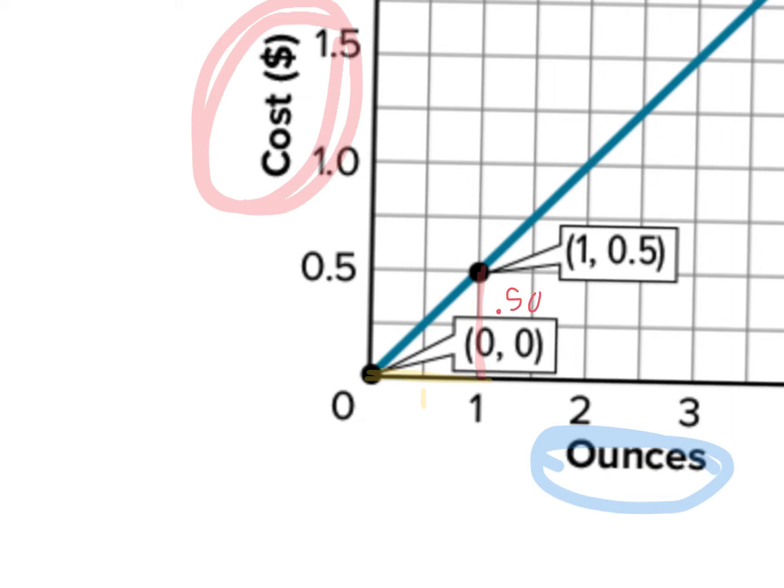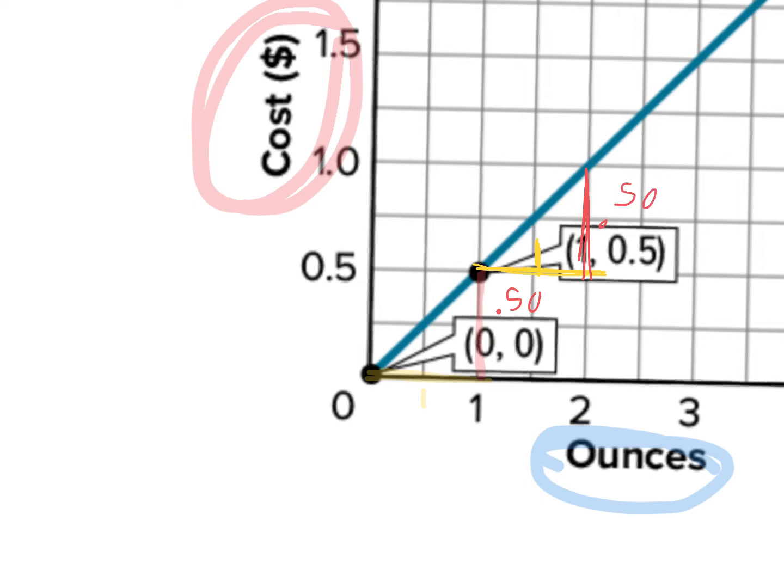Okay, now I'm going to go over to that 2, and I added 1 ounce of liquid, and I'm going up by another, to get from 50 cents to $1, I go up by 50 cents.